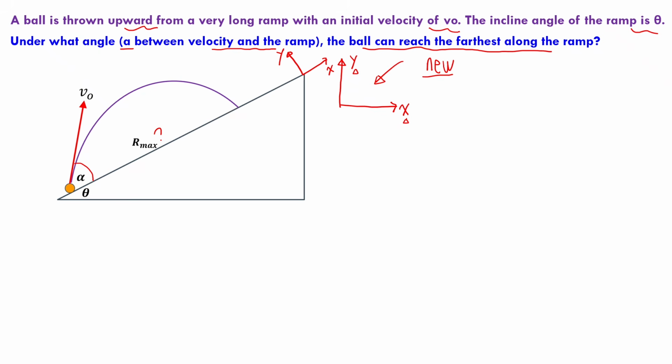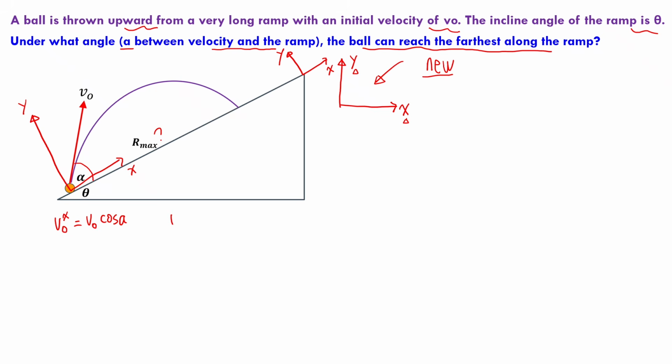Alright, let's see what happens if we construct my x along the ramp direction and y perpendicular to the ramp direction. Then my initial velocity along the x direction will become v0 times cosine alpha.